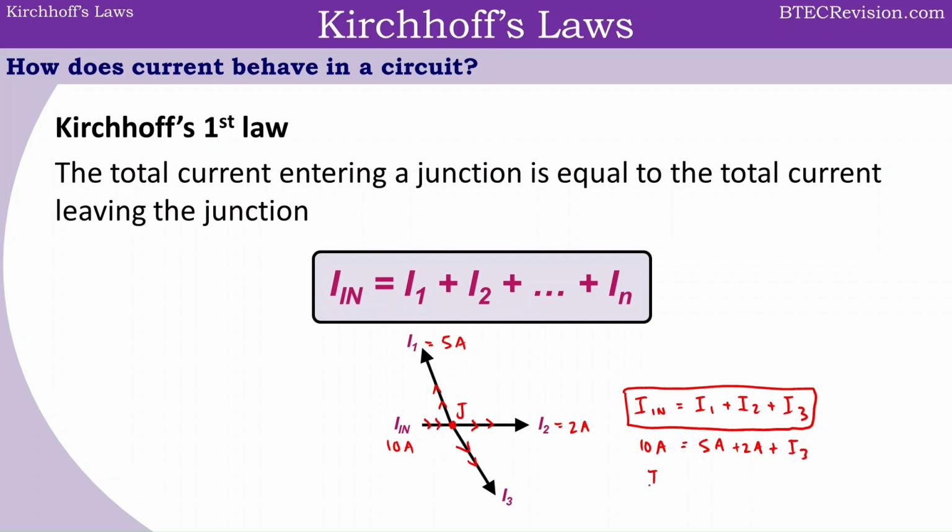Rearranging for I3 and collecting like terms, that gives us 10 amps, take away 5 amps, take away 2 amps, which is equal to 3 amps. Therefore, I3 is equal to 3 amps.